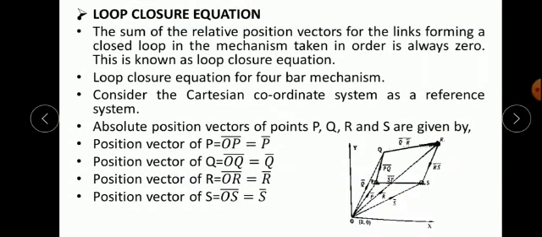These are the equations. What you can see here is the position vectors of P, Q, R and S. On the X and Y axes, we can see O is the point where the 0, 0 coordinates are. We can observe it.